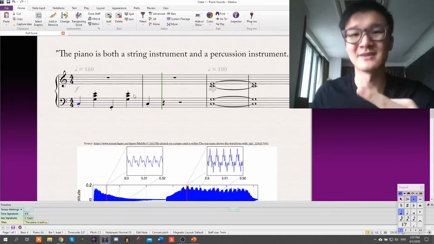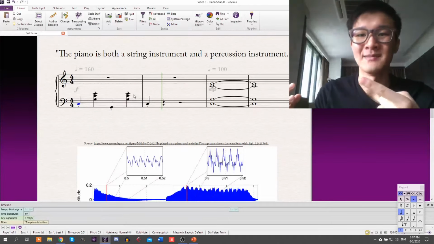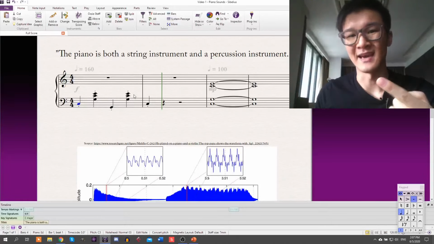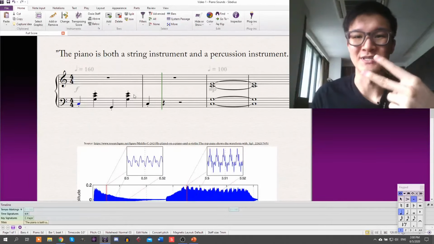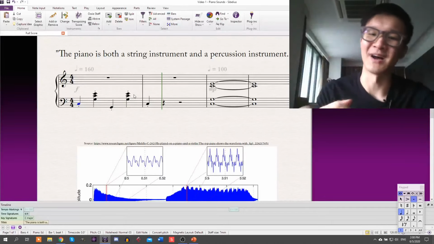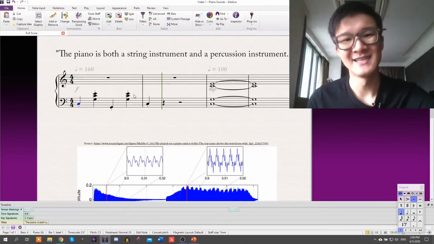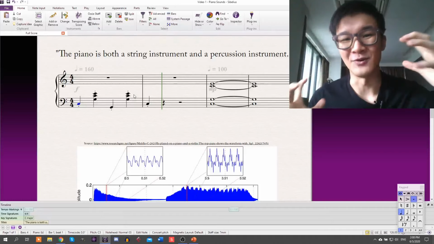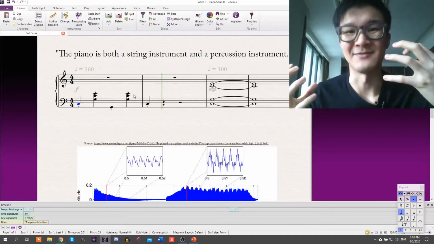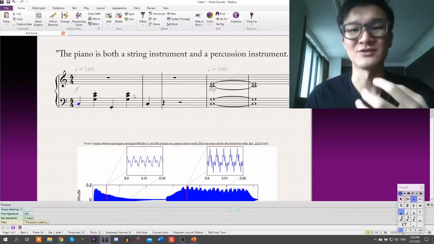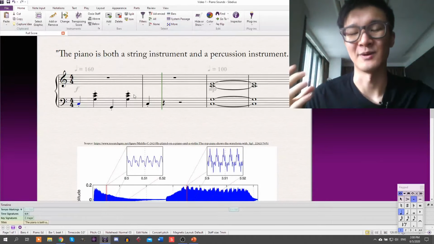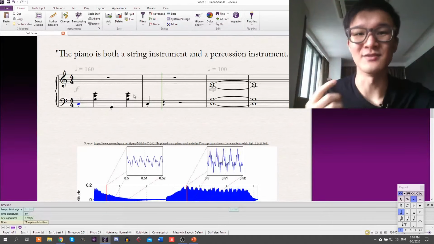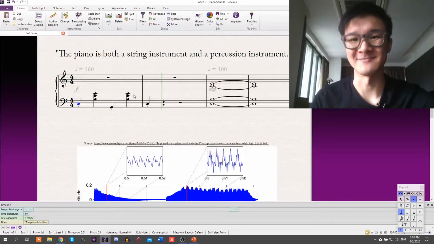Some are harmonic, meaning they support the melody by creating more sound, and some are rhythmic, which support the melody by giving it drive and punch and motion. So you have to keep both these natures of the piano in mind as both a string instrument and a percussion instrument when you arrange. And I think this is the single most important part about arranging.